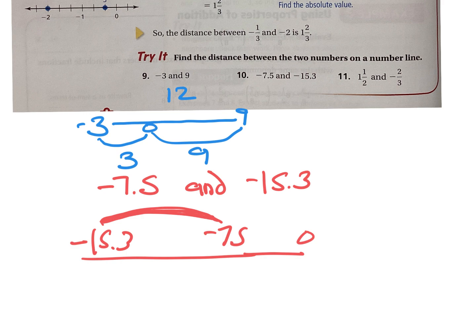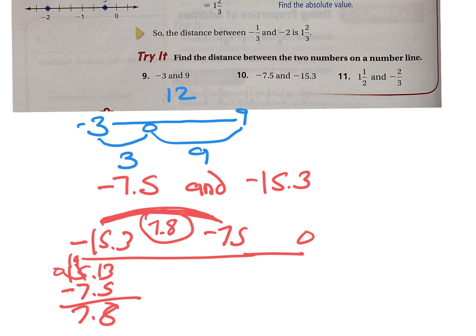Okay? So I take 15.3 minus 7.5. That gets me, bring down my decimal, 7.8. So from here to here is 7.8. Now it's an absolute value distance, so it's always going to be a positive number because that's the distance, 7.8.